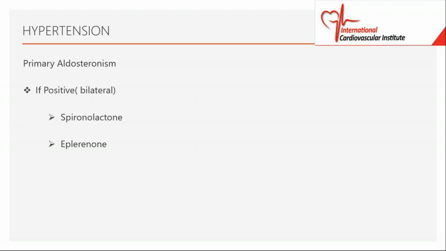In the process you'll also do some imaging. You might want to do a CAT scan, but remember, if it's an adenoma, yes, you can see that. But if it's not an adenoma, you won't see a mass.